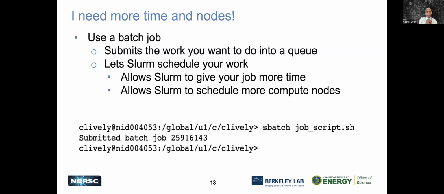So, we talked about some of those limitations that are in place for interactive jobs. What do you do if you need more than 4 nodes and 4 hours of wall clock time? Well, that's when you do one of the batch job submissions. You think of a batch job script as being something that at the extreme end could require all 3,000 nodes that are available on Perlmutter.